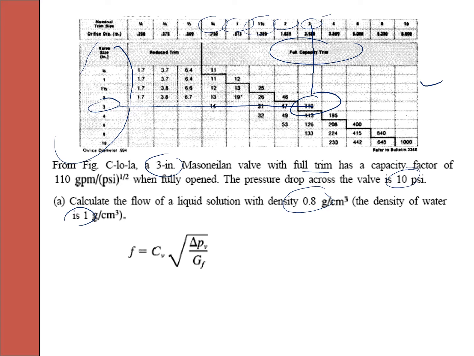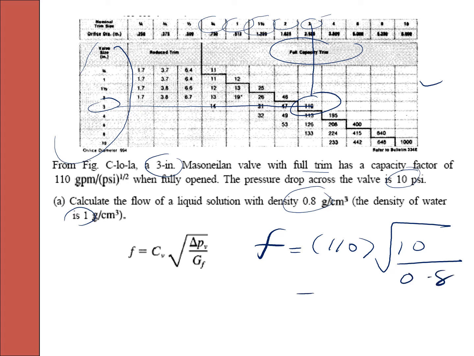So now we calculate the value of flow of liquid. The value of CV would be 110, the delta PV would be 10, and the specific gravity would be 0.8. So the final answer of the flow of liquid solution would be 383.9 gallon per minute.